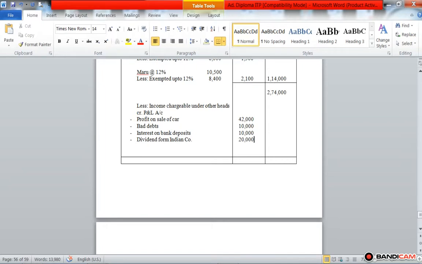So make the total of this income. So 40,000, 52,000, 62,000, 82,000. So total is 82,000.